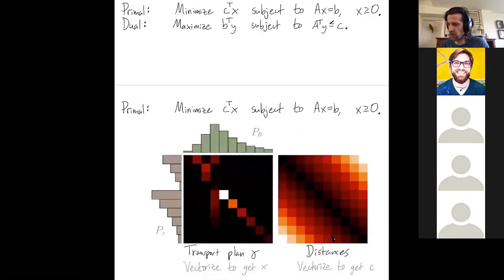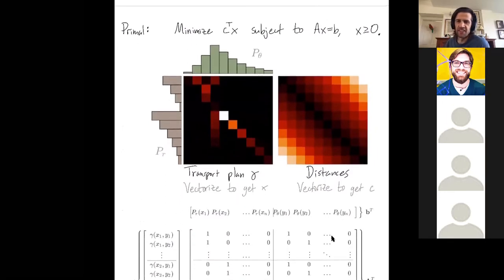Okay, so I talked about the primal formulation in the last video, but let me just recap that again. In the primal formulation, we're trying to minimize the cost of a transport plan, subject to the fact that it actually is a transport plan. Here we have our picture of our transport plan. How much mass is being moved from point I to J is just encoded by these entries.